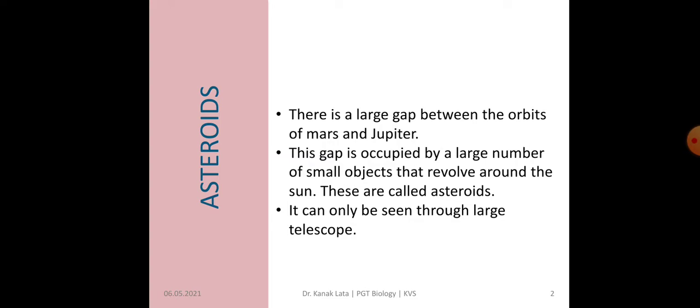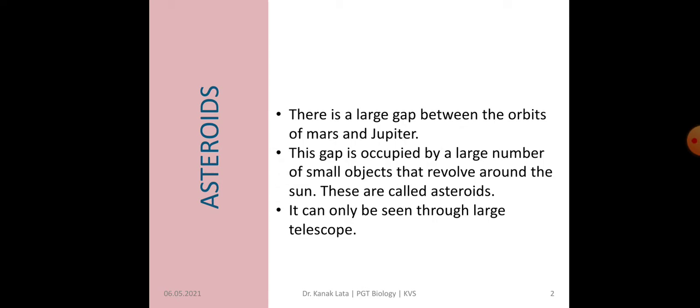Between Mars and Jupiter, there is a large gap, and this gap is occupied by a large number of small objects that revolve around the Sun. So these small objects which fill the gap between Mars and Jupiter are called asteroids.